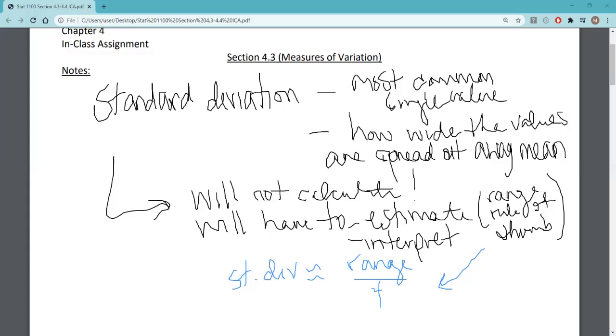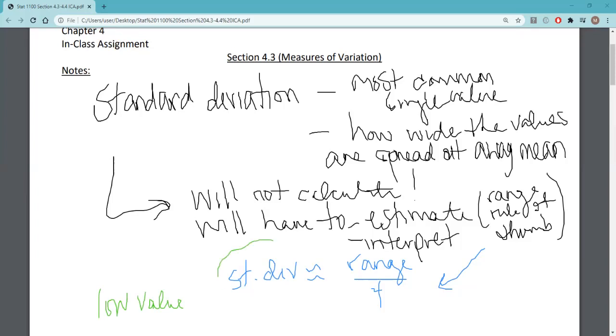If we are given a standard deviation, but we don't have any other information regarding our data set, and we want to be able to say, okay, well, what then is possibly our highest value, or what is our lowest value?